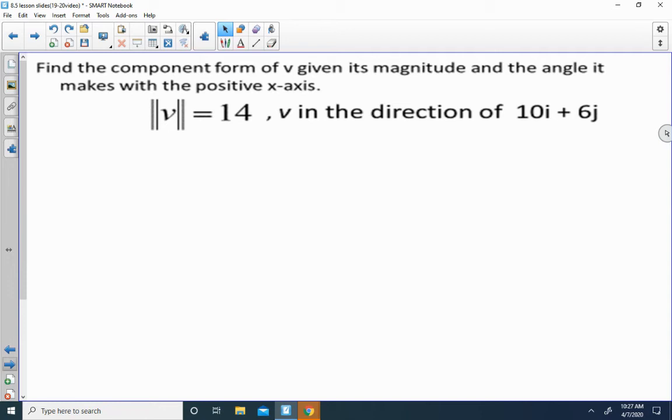So now, this example gives us the magnitude, and it tells us that vector v is in the direction of 10i plus 6j. And it's telling us to find the component form of vector v, given its magnitude and the angle it makes with the positive x-axis. More specifically, we'd be able to do this if it gave us the angle. Unfortunately, it does not give us the angle.